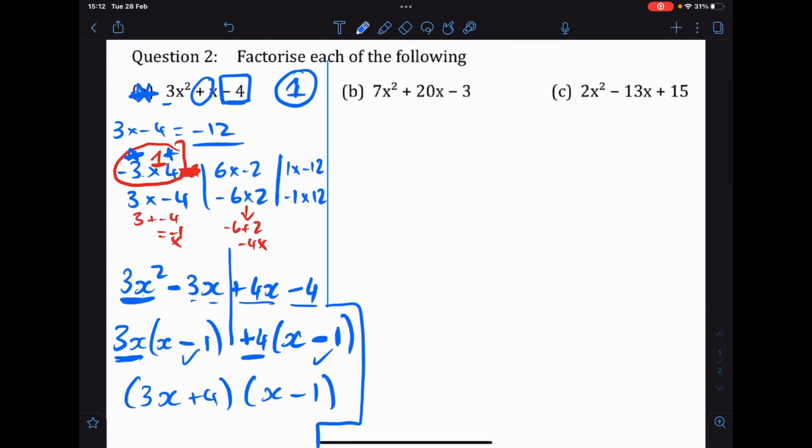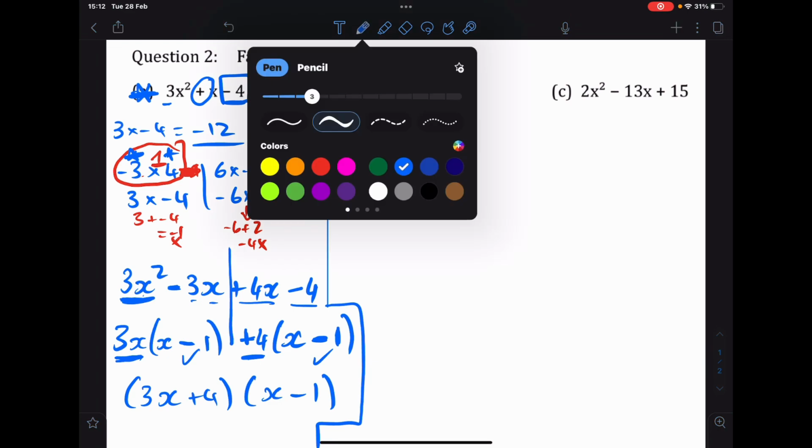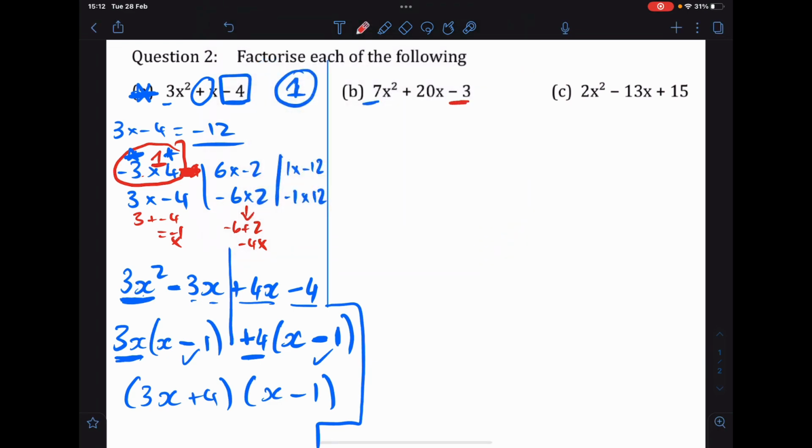So the first step, I'll do the first number multiplied by the last number. So 7 times minus 3 gives me negative 21. Now I write down everything that makes minus 21. So minus 7 times 3, or 7 times minus 3. 20 times minus 1, or minus 20 times 1.